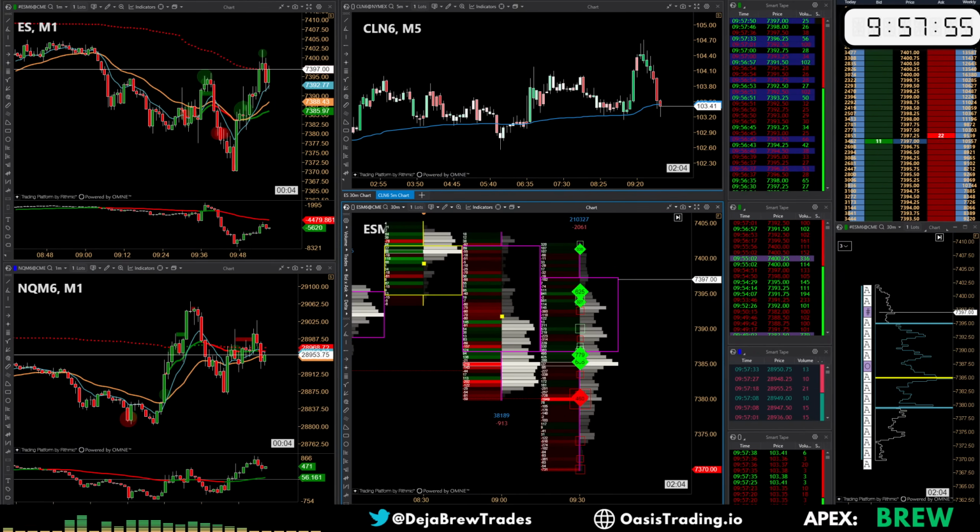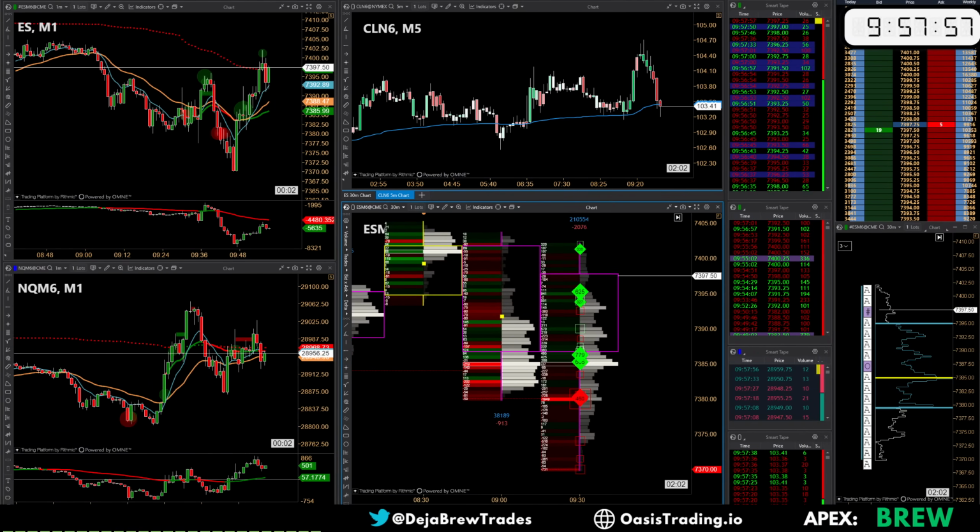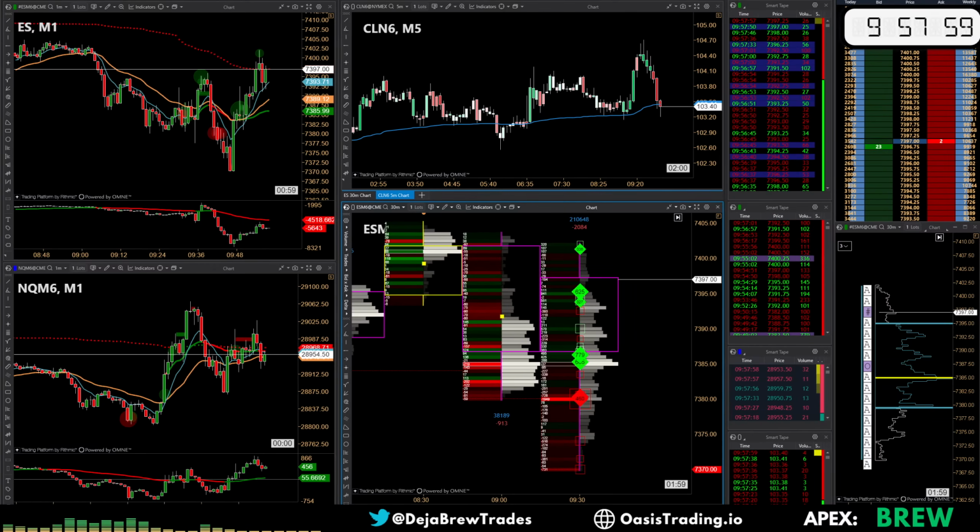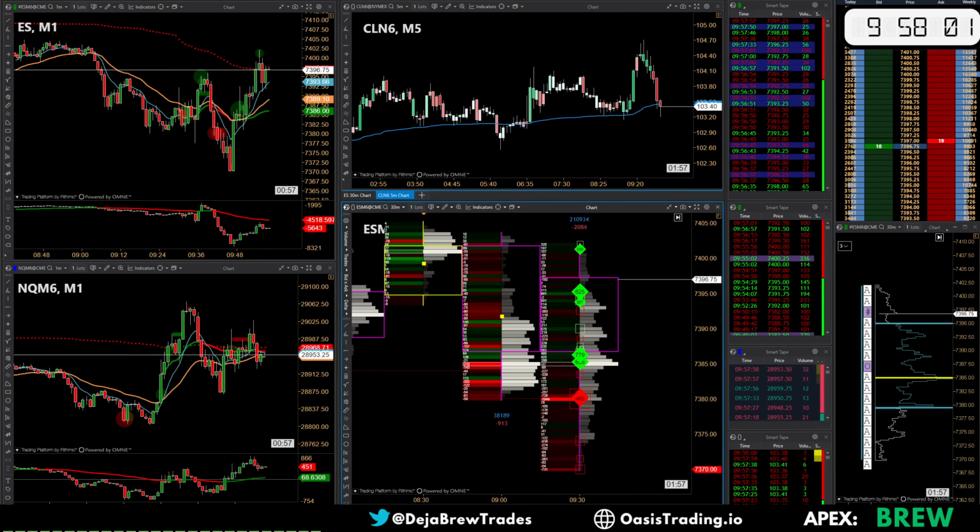The yields are coming down a little bit today, so definitely helping some of the buyers if they believe that correlation is there.